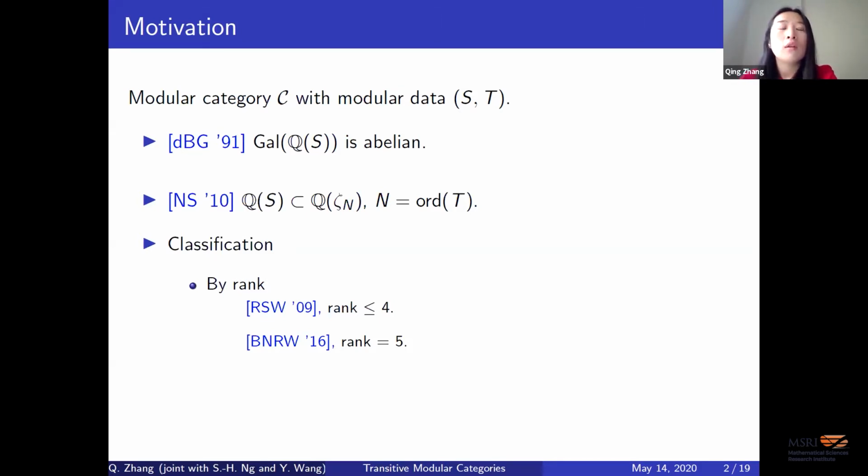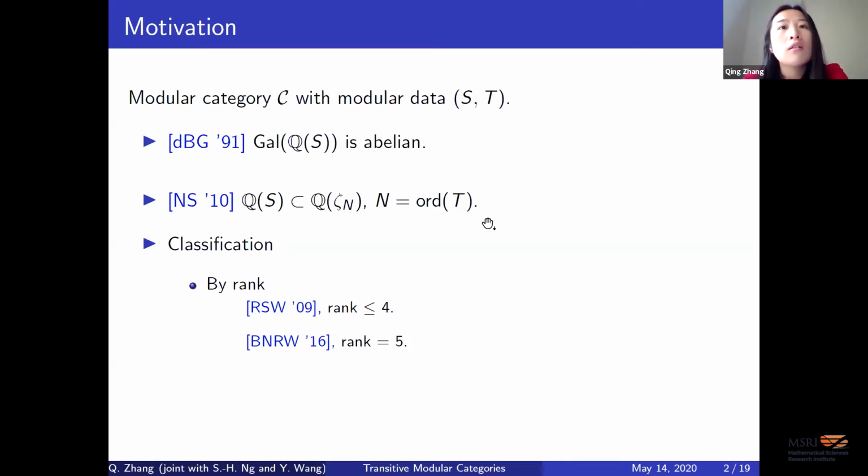For example, Galois action was used in the classification of rank 4, which was done by Rowell, Stong, and Wang. And it was also used in the classification of rank 5, done by Bruillard, Ng, Rowell, and Wang.